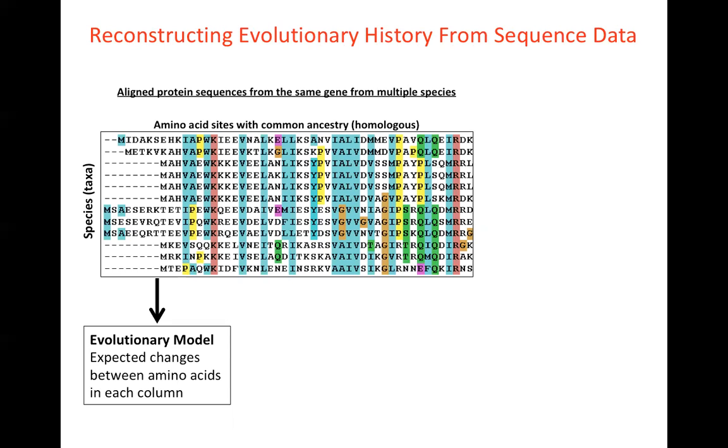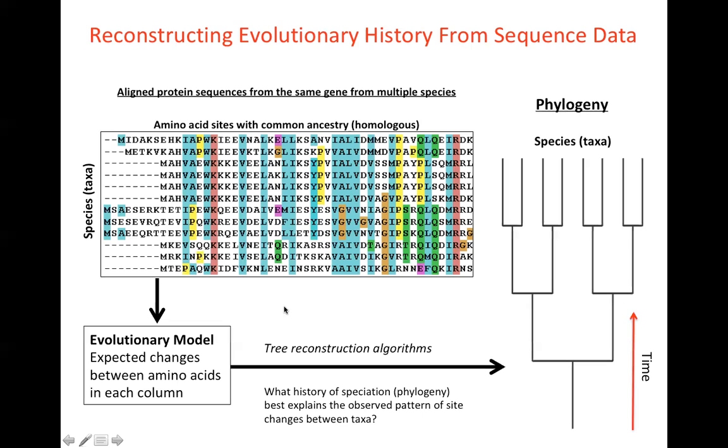And then we have to ask the question, what is the evolutionary history that best explains the observed distribution of states in our sequences given this model? And if we can do that, we end up with a phylogeny, a phylogenetic tree where the tips represent the species existing today. As we go backward, they converge to common ancestors deeper and deeper in time until we get to the root of the tree, or the common ancestor of all of the sequences that are present in our data set.